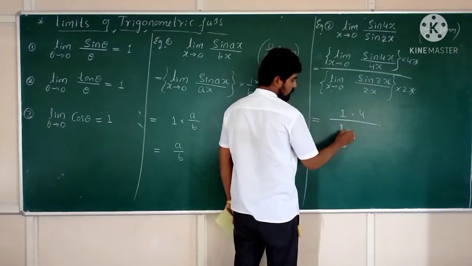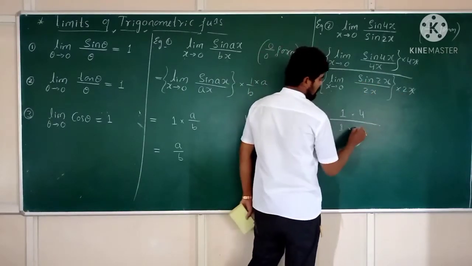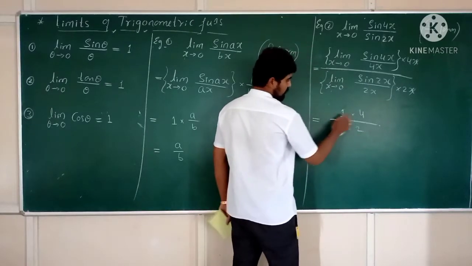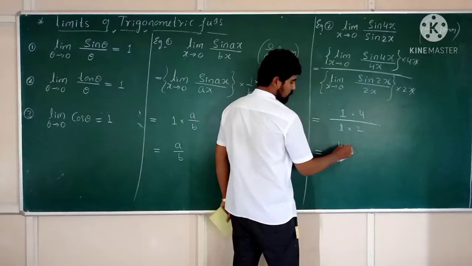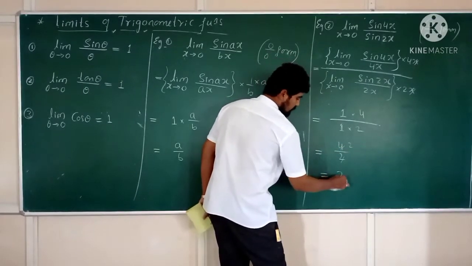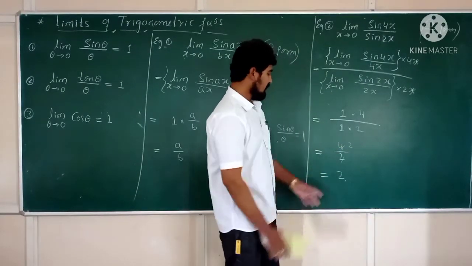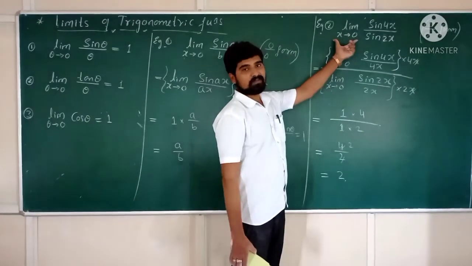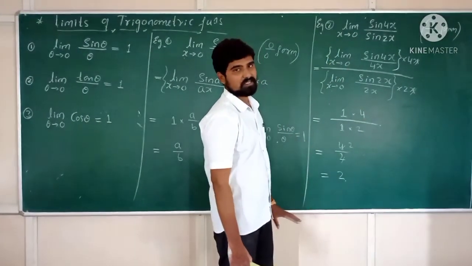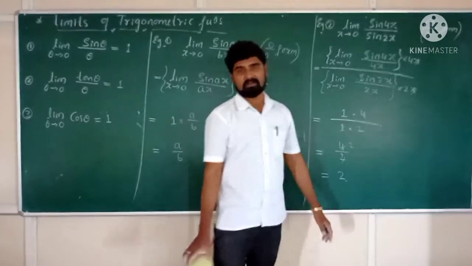It is also equal to 1 into 2. So it is 1 into 4, 4 divided by 1 into 2, 2. So 2 ones are 2, 2 twos are 4, which is equal to 2. So 2 is the limit value of this given function at x equals 0. I hope all of you understood. If possible, take a note.